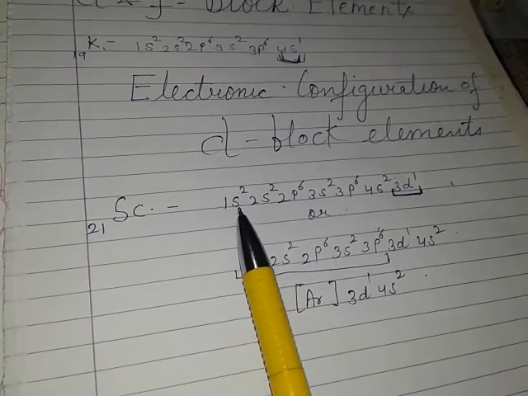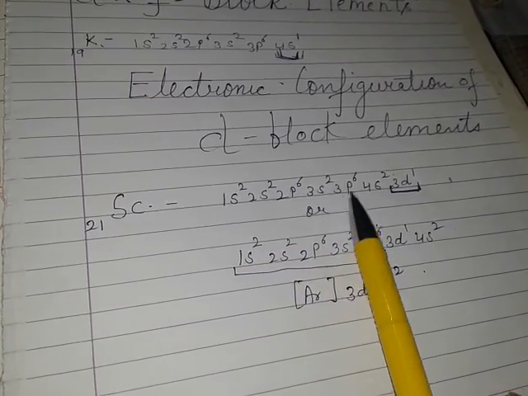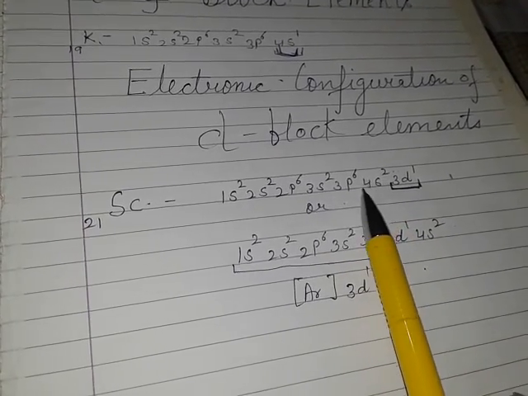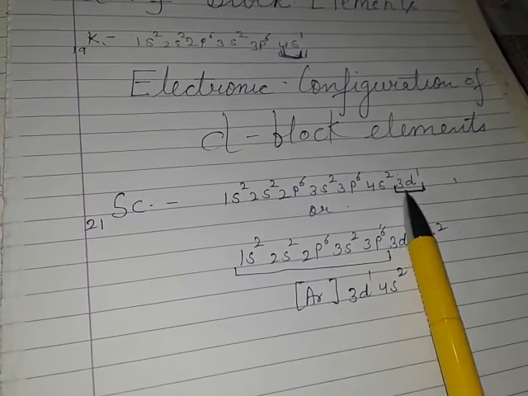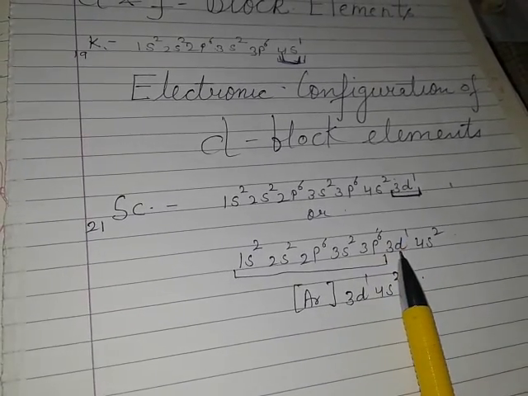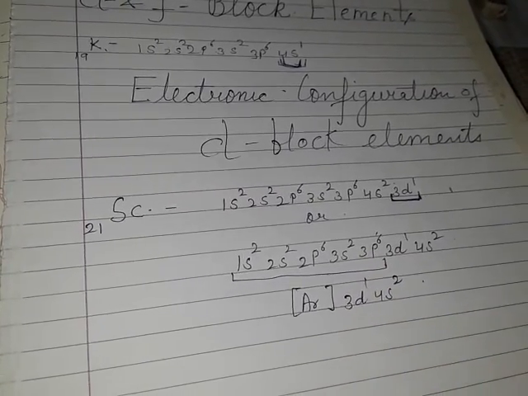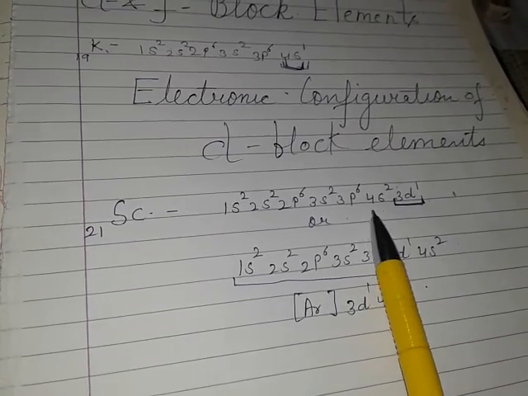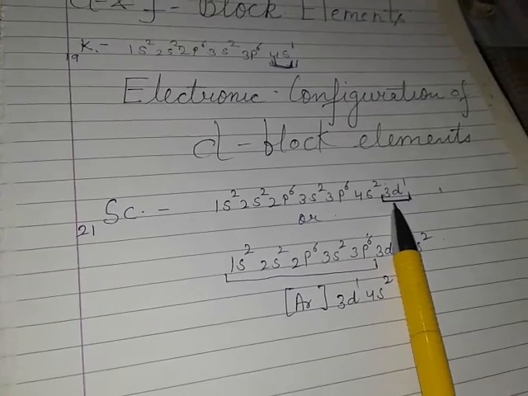The electronic configuration is as follows: 1s2, 2s2, 2p6, then 3s2, 3p6, 4s2, 3d1. We can write this configuration in this way also: 3d we can write earlier, and then 4s we can write after 3d. But note down one thing: the 4s orbital will be filled prior to the 3d orbital.